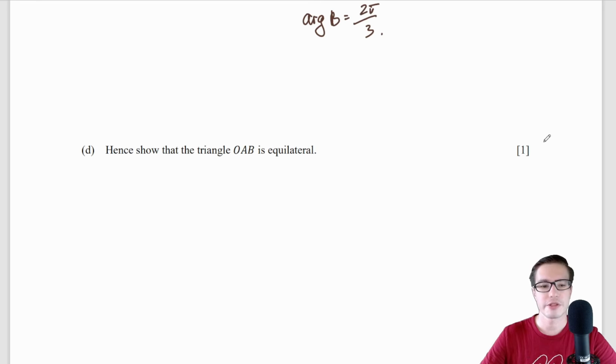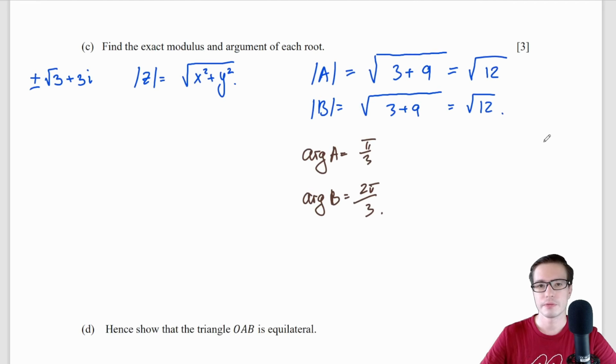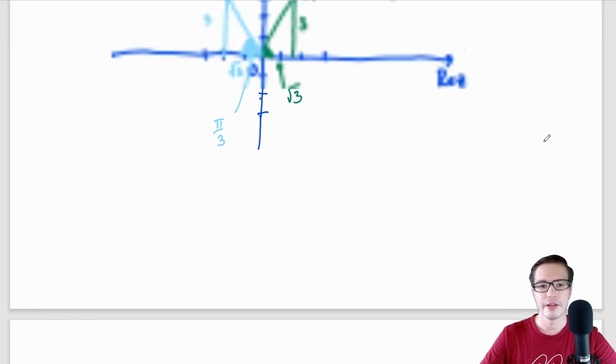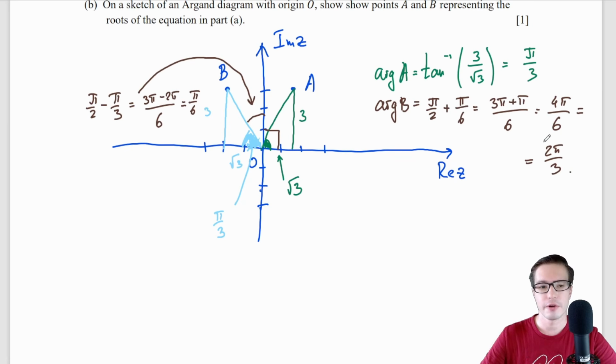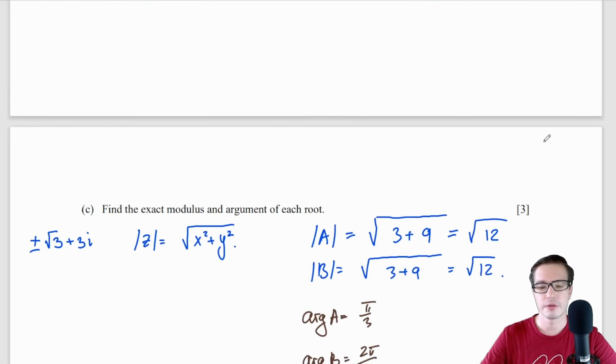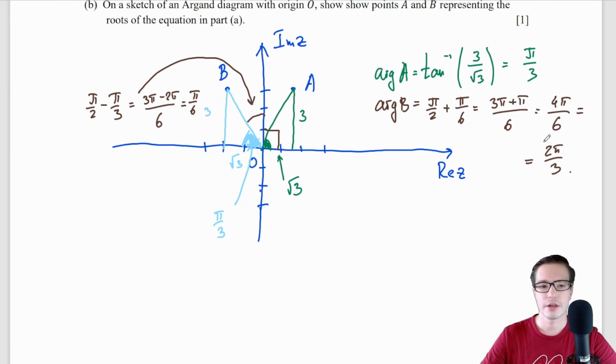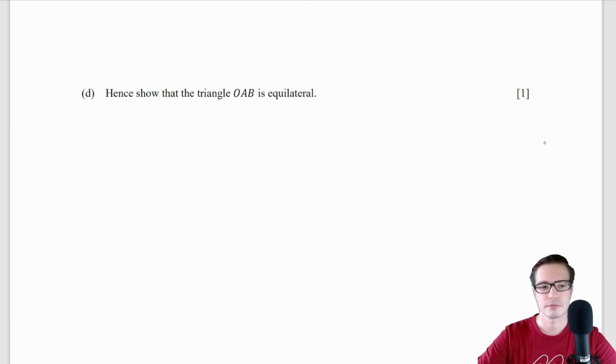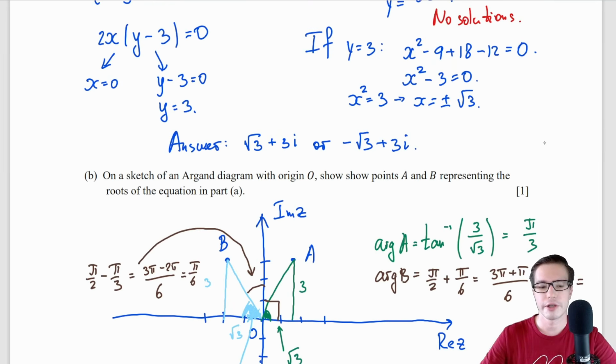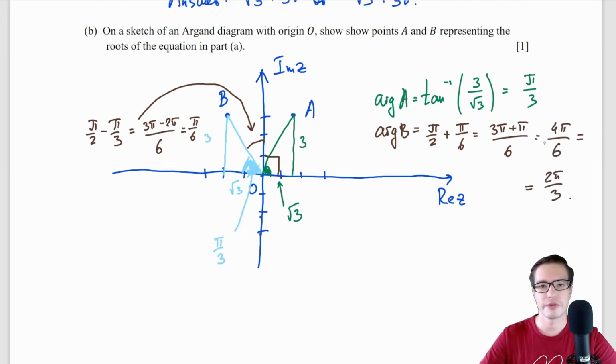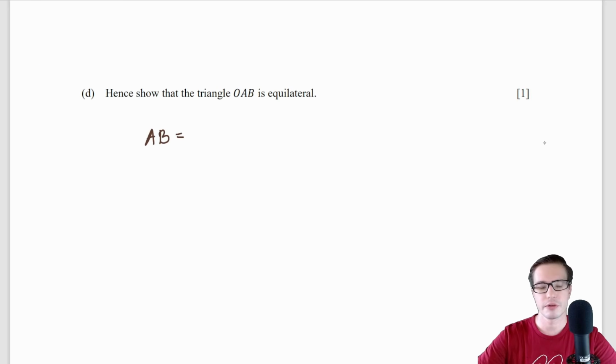And now we have to show that triangle OAB is equilateral. We already know the length of OA and the length of OB, that's square root of 12. And now all we have to do is to find the length AB. Now look at the diagram. The length of AB is going to be square root of 3 plus another square root of 3, which is 2 square root of 3.